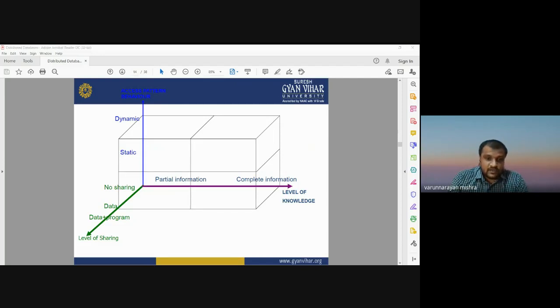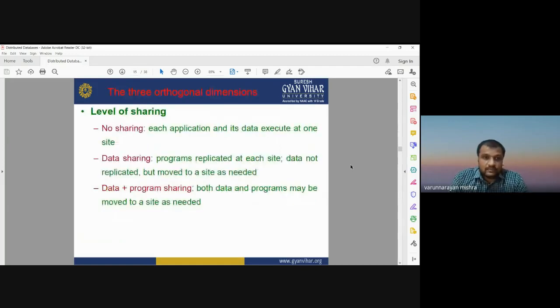Okay, now moving to the next slide, that will show you the three orthogonal dimensions, that is level of sharing. Under level of sharing, if we are dealing with no sharing, each application or each data executes at one site. Or you can say data sharing, with the programs replicated at each site, and data not replicated but moved to the site as needed.